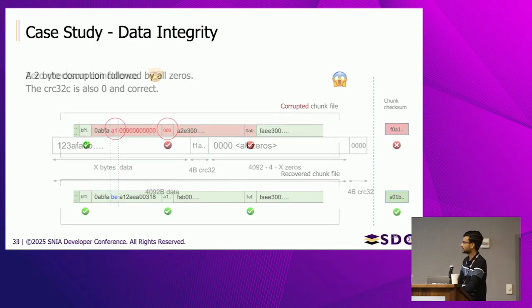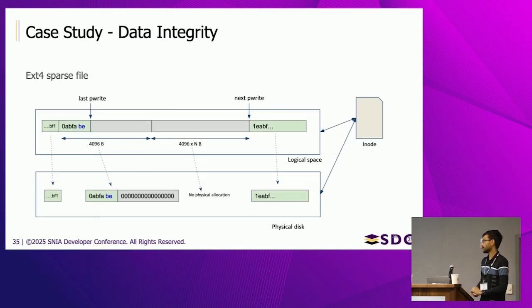So let's look at the ext4 sparse file behavior. ext4 has this sparse file behavior where if you write to a higher offset, you don't actually need to store the zeros. There would be holes, but you don't need to store these holes on the physical drive. ext4 will just store some metadata information in the inode to indicate that there are holes.